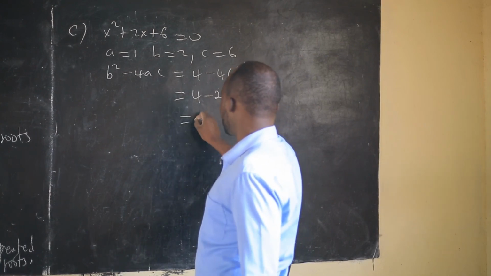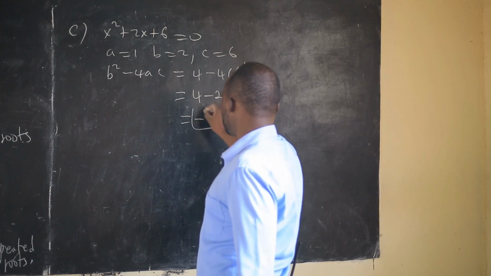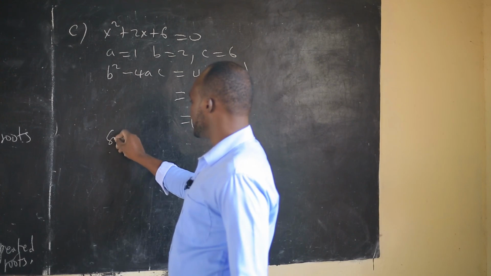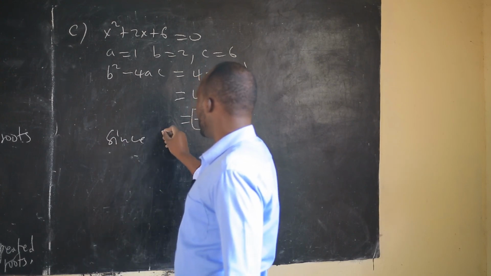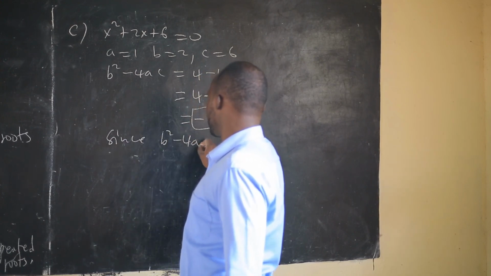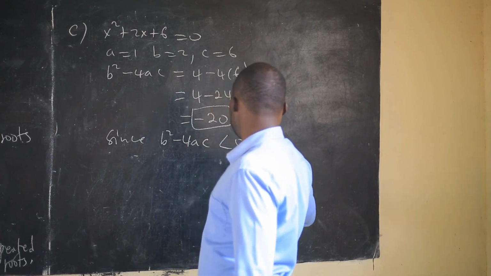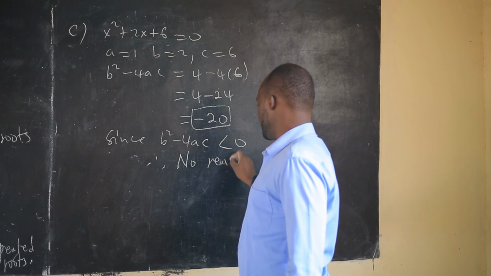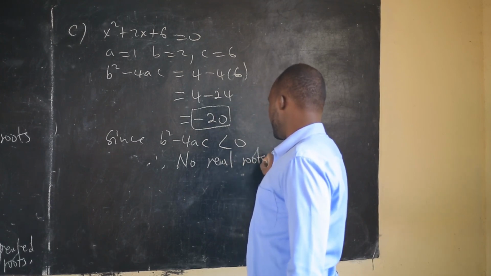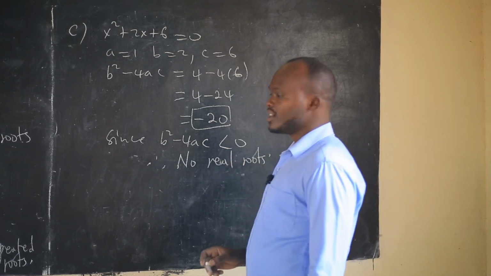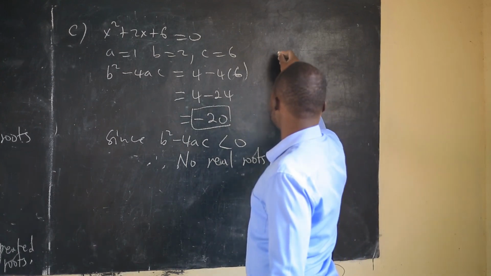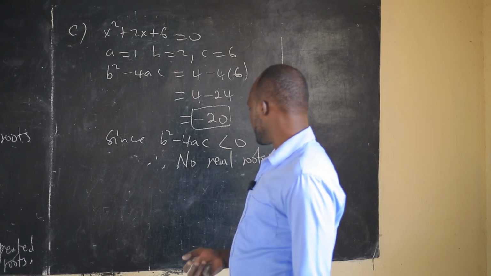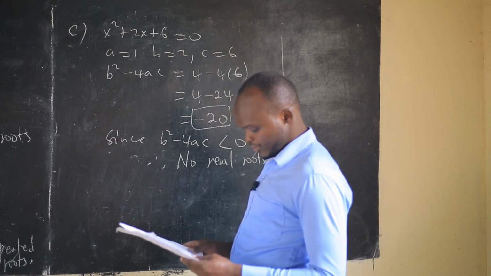The answer is negative 20. So since our delta is less than 0, we say no real roots. Therefore, no real roots, because the square root of a negative number does not exist in the set of real numbers.